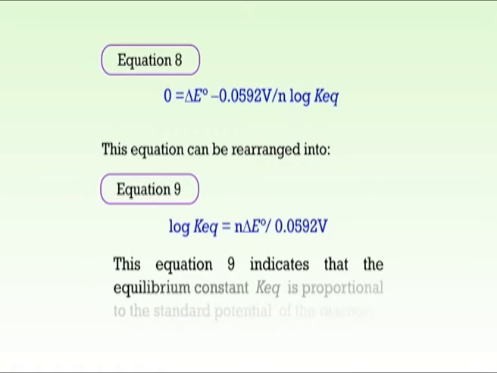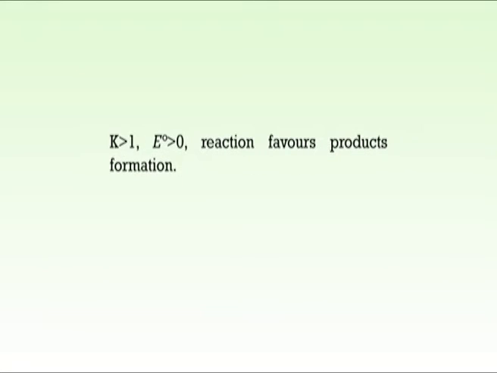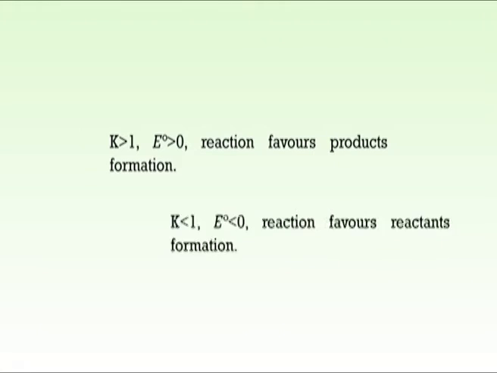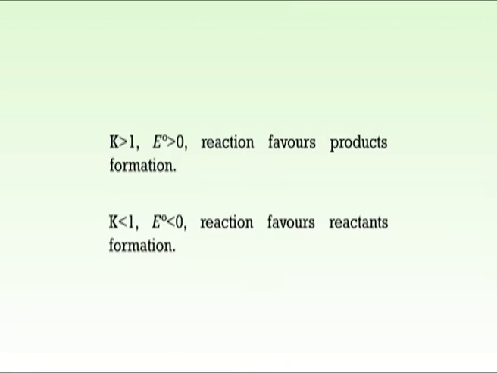So this equation indicates that equilibrium constant Keq is proportional to the standard potential of the reaction. Specifically, when K is greater than 1 and E naught is greater than 0, the reaction favors product formation. And when K is less than 1 and E naught is also less than 0, the reaction favors reactant formation. So that's how we derive the Nernst equation.